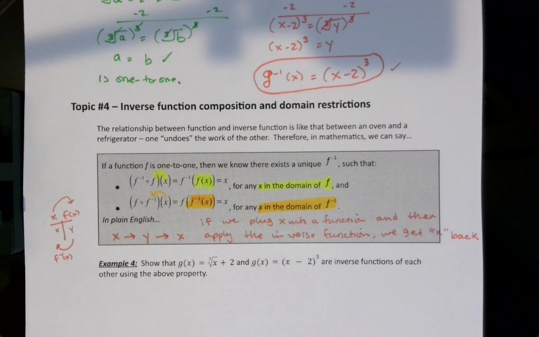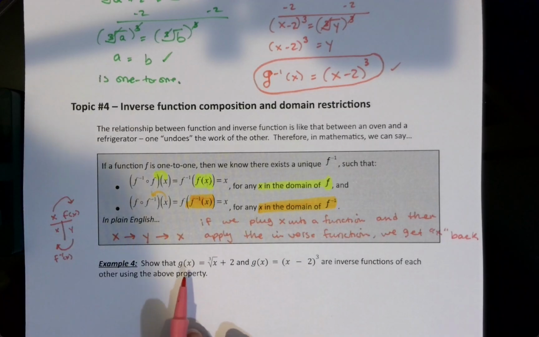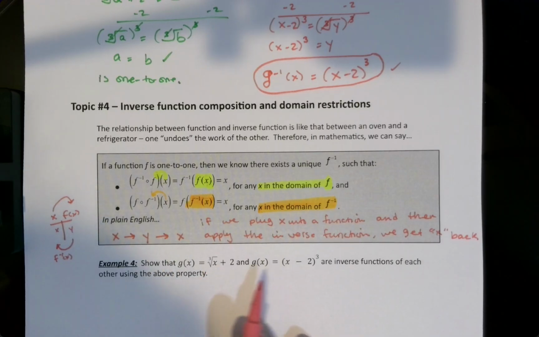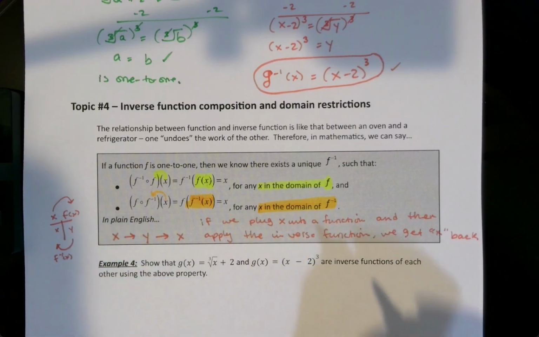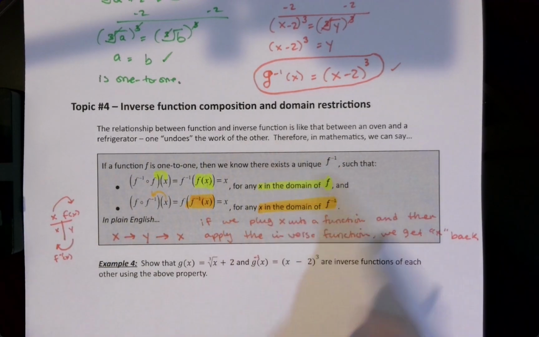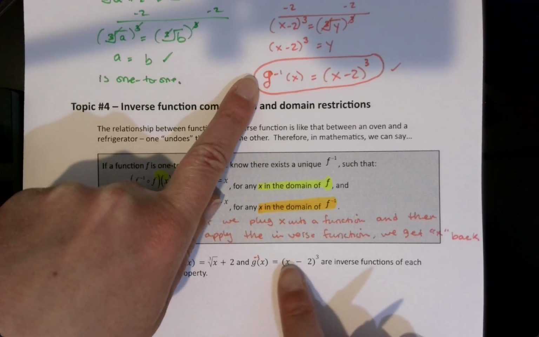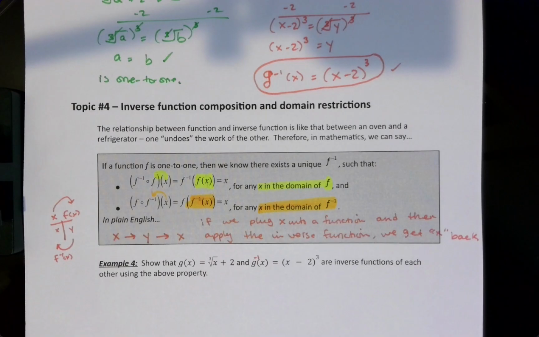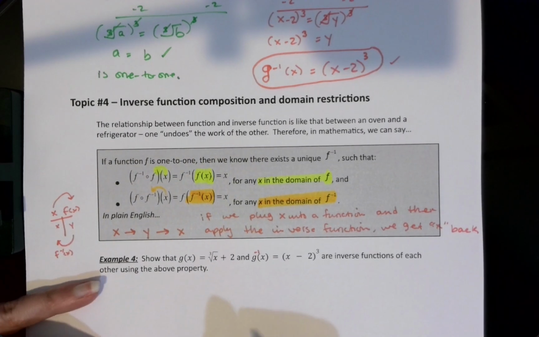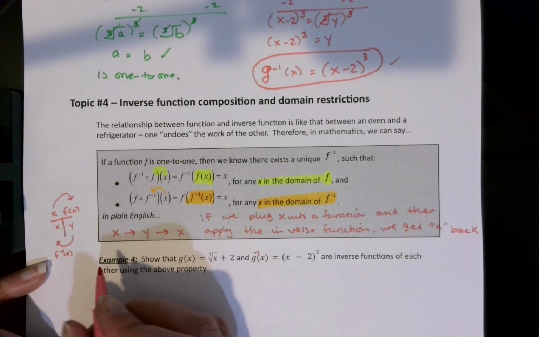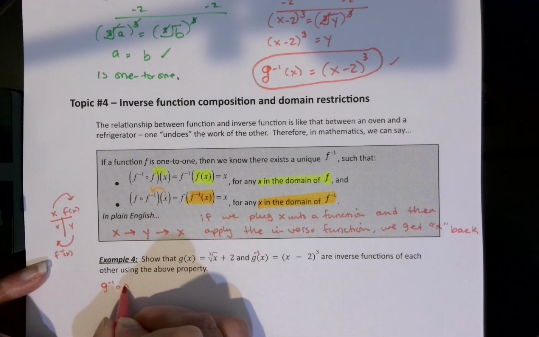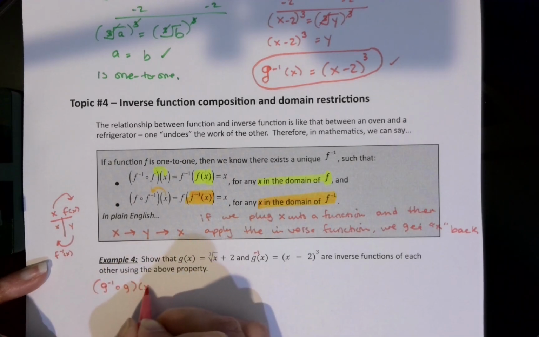All right. So we're going to show that the function g of x is the cube root of x plus 2, and the function g inverse of x, the one I found up here, the x minus 2 to the third power, are inverses of each other using the above property. All right. So let's do the composition g inverse of g of x first.